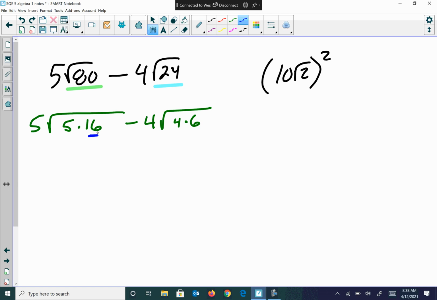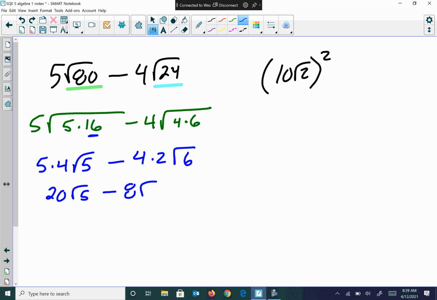So I get 5 times 4, root 5, minus 4 times 2, root 6. So that gives me 20 root 5 minus 8 root 6. Hey, friends, is root 5 and root 6 the same thing? No. So this is my final answer.